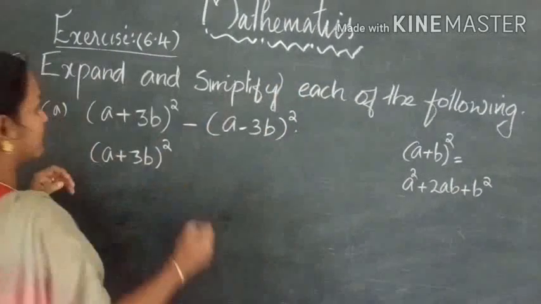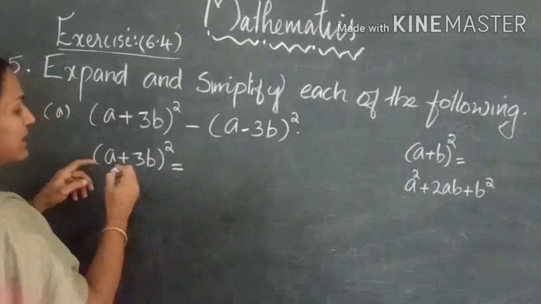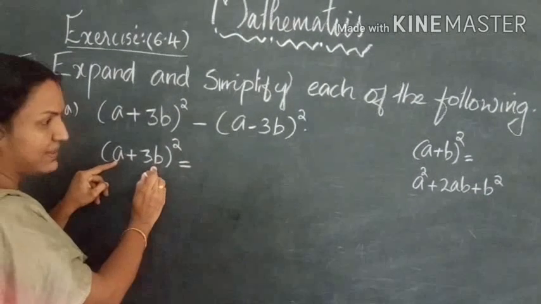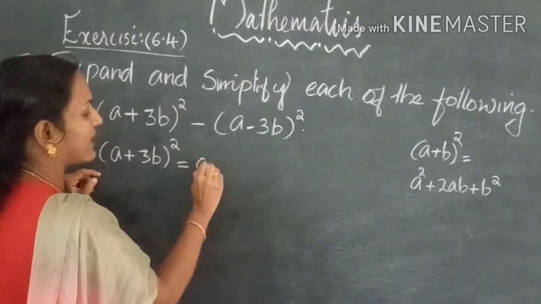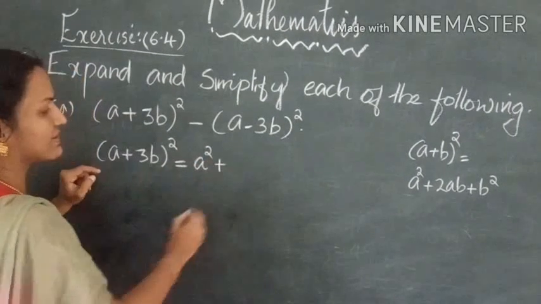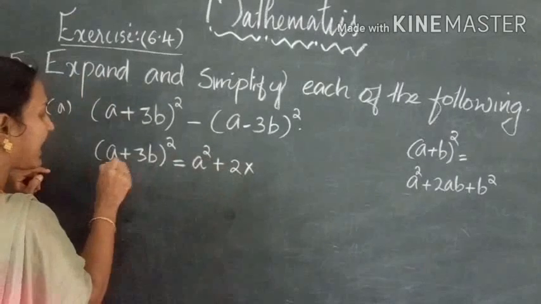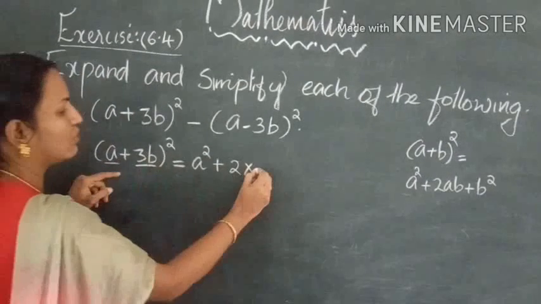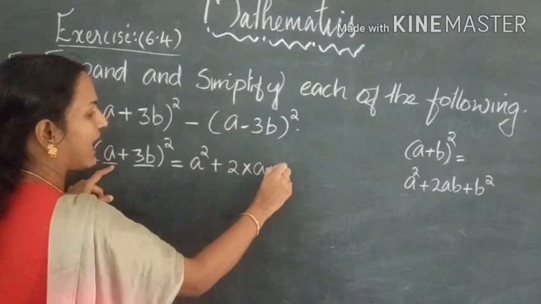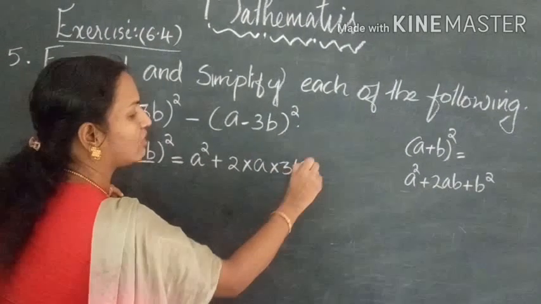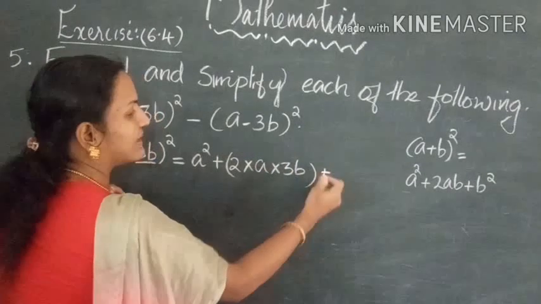Here a is equal to a and b is equal to 3b. So a square plus 2ab, 2 into a into b, plus b square.